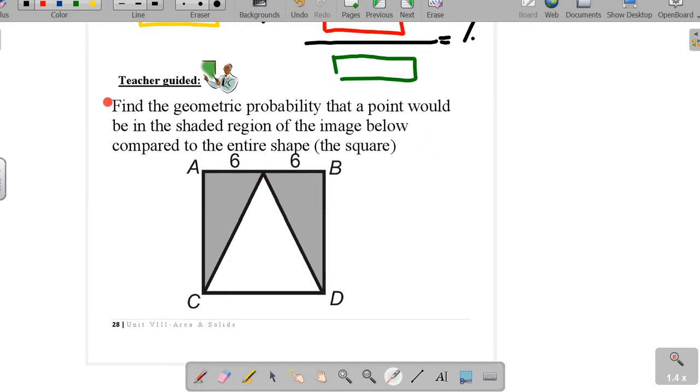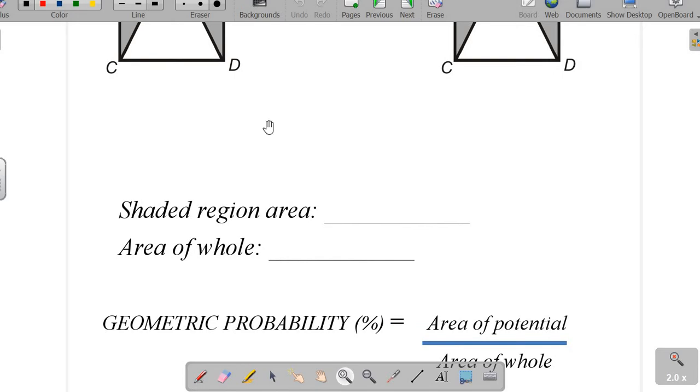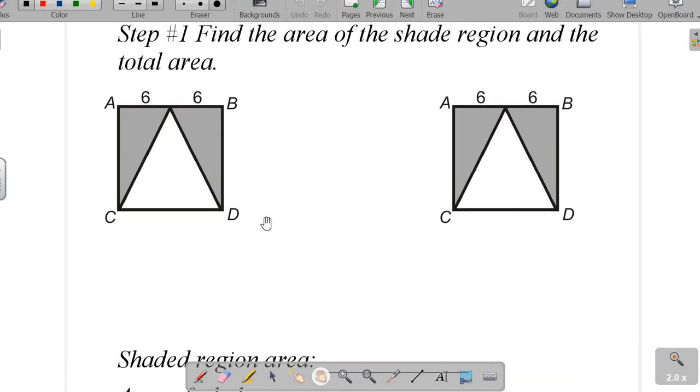Put your finger right here. Let's read this out loud. Find the geometric probability that a point would be in the shaded region of the image below compared to the entire shape, which is a square. So we're being implied that this shape is a square. First we're going to find the area of the entire square.